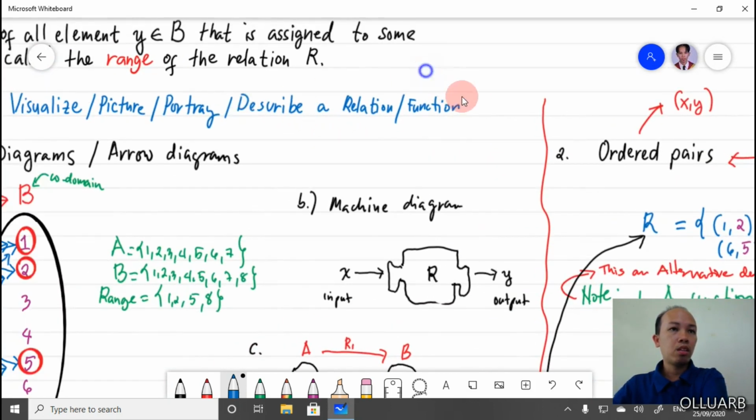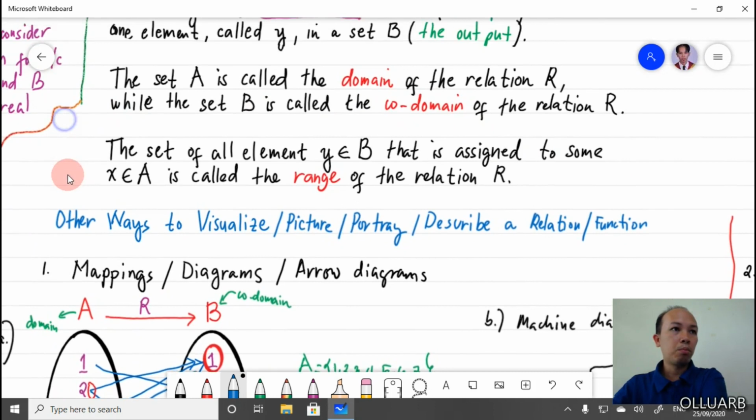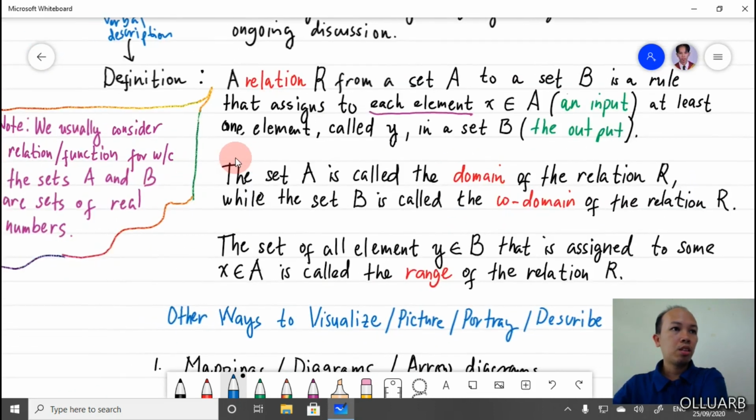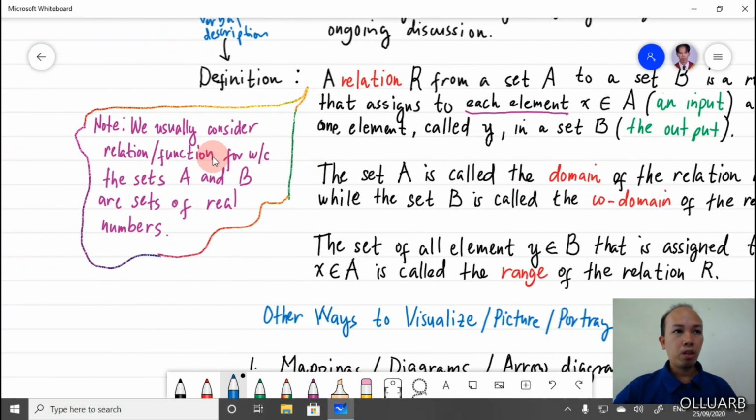Let's recall the definition of the relation, the verbal description of relation. As you can see here, I put a note. When we consider relation or function, the sets, the domain A and the codomain B, we usually use the set of real numbers to associate the set of real numbers for the domain and the codomain of the relation or function.